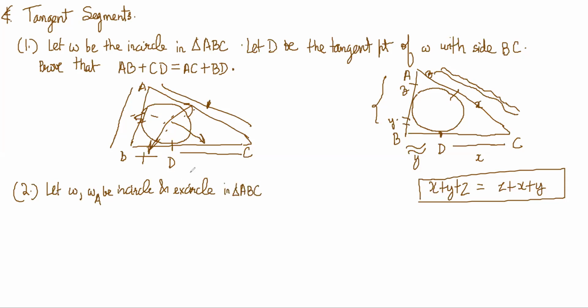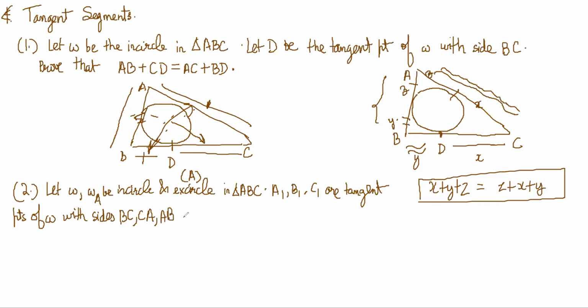The excircle is opposite to A. A1, B1, C1 are the tangent points of W with the sides BC, CA, AB.